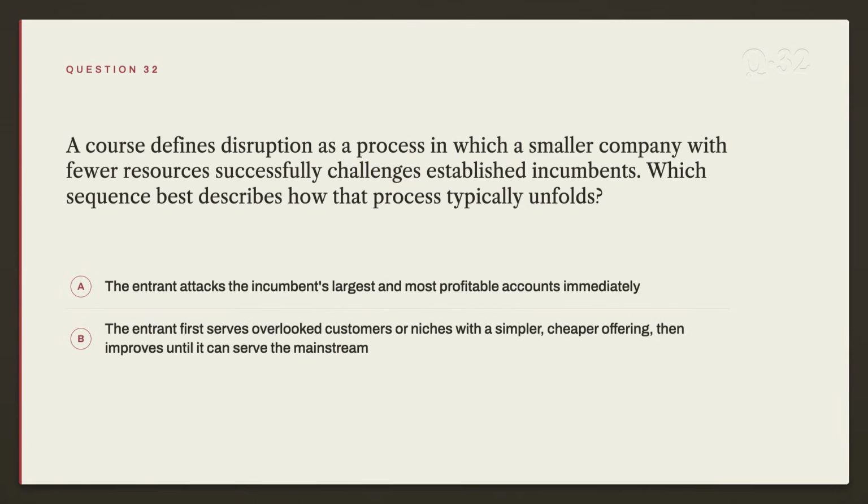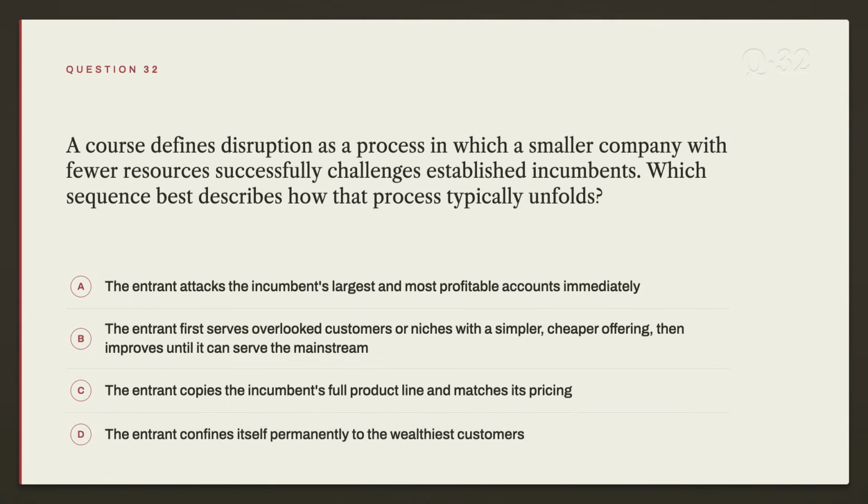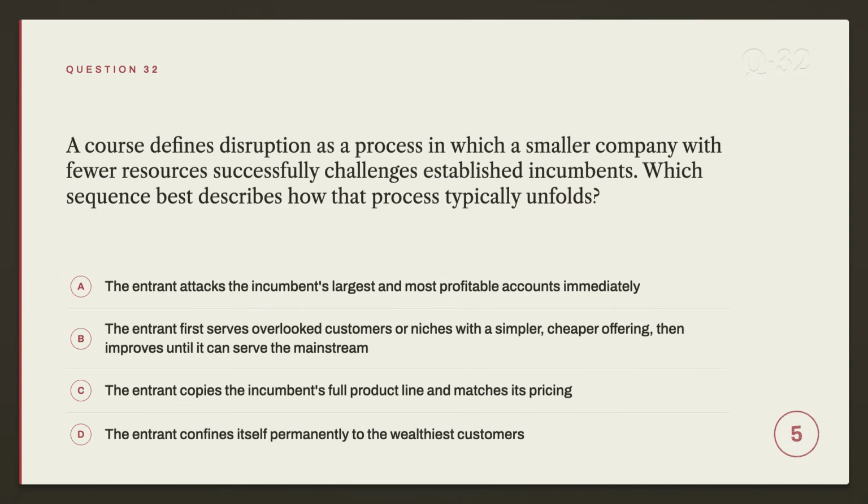B. The entrant first serves overlooked customers or niches with a simpler, cheaper offering, then improves until it can serve the mainstream. C. The entrant copies the incumbent's full product line and matches its pricing. D. The entrant confines itself permanently to the wealthiest customers. Got a guess? Lock it in.